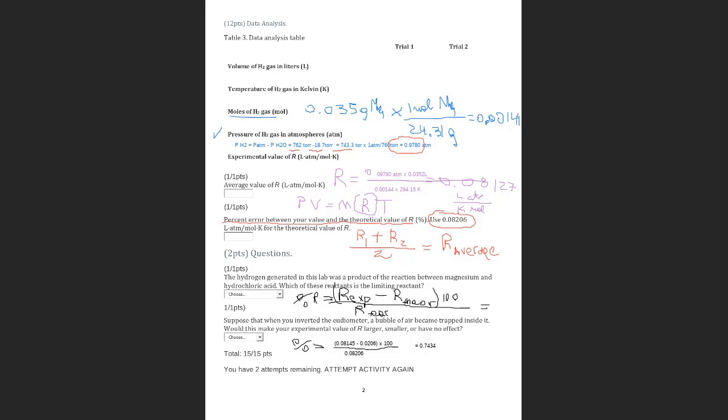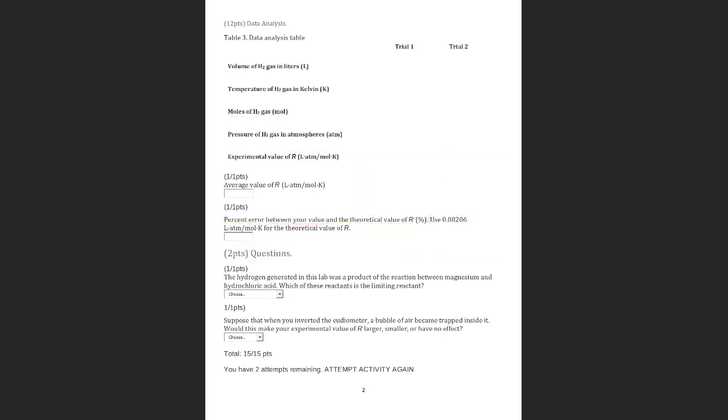And let's look at two questions that are at the bottom. Let's erase here. One question. It says the hydrogen generated in this lab was a product of the reaction between magnesium and hydrochloric acid. Which of the reactants is the limiting reactant? How do we do that?